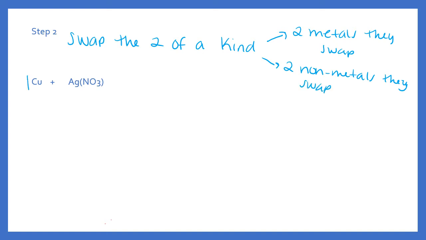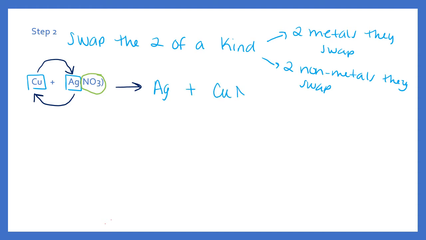So again, my copper was a metal, my silver was a metal, and my NO3 was a grouping of the nonmetal. So this means that my copper needs to swap with my silver, and my silver needs to go where my copper was, so it should be Ag alone plus CuNO3.